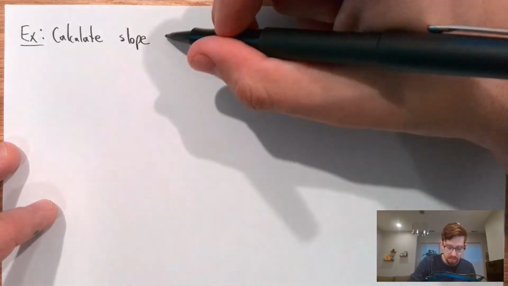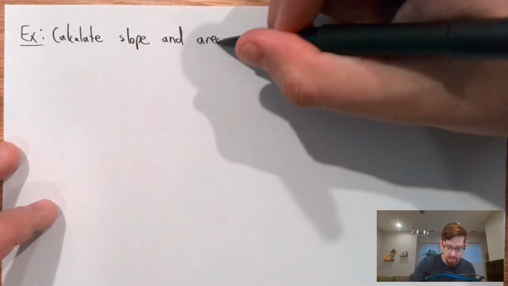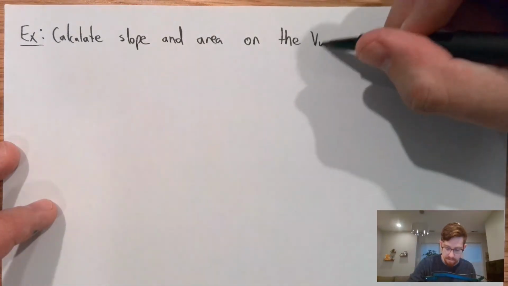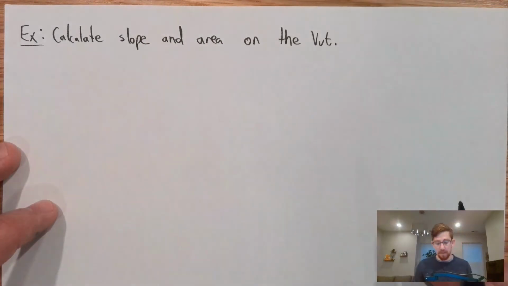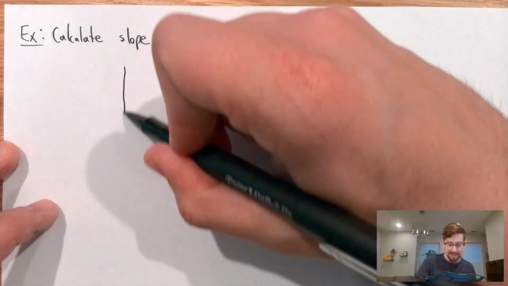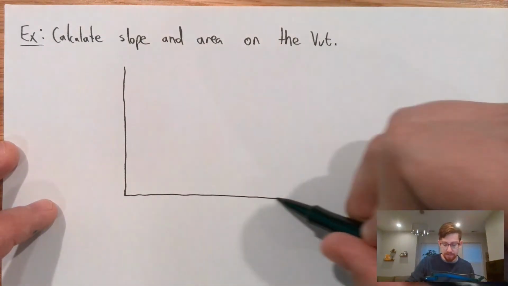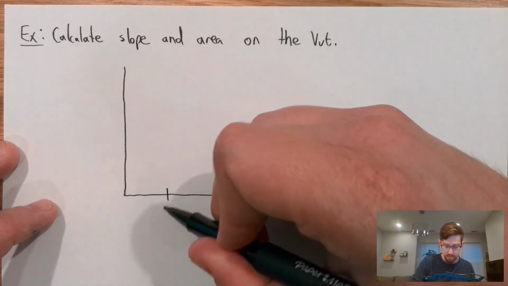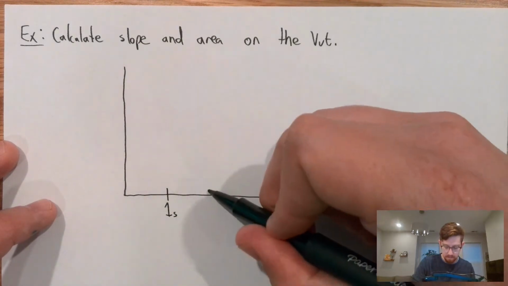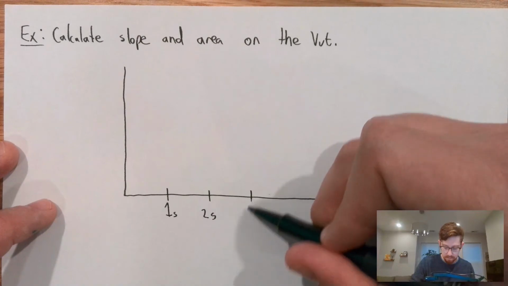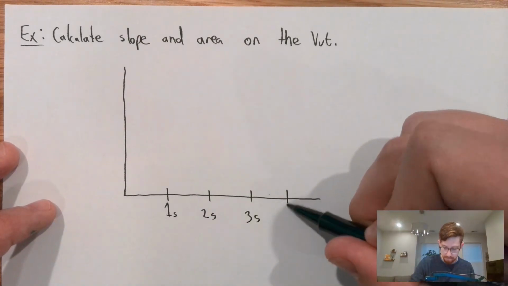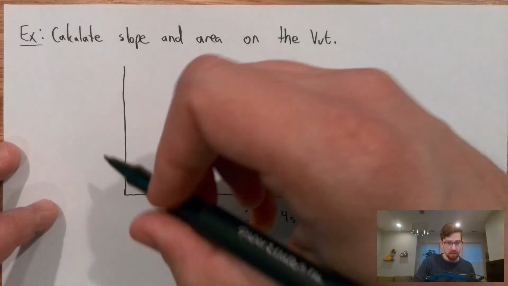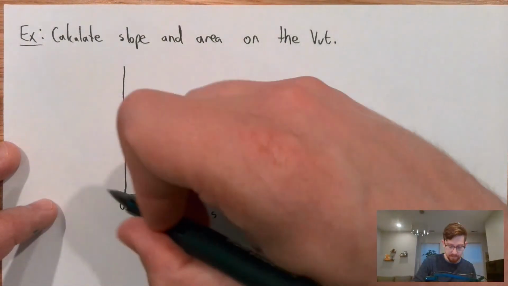Let's calculate slope and area on the v-t graph. Of course, this represents velocity versus time. I'm going to make it a little larger to make my point. 0, let's say 1 second, 2 seconds, 3 seconds, 4 seconds, and 5 seconds. Much better. And of course, that's 0 seconds.